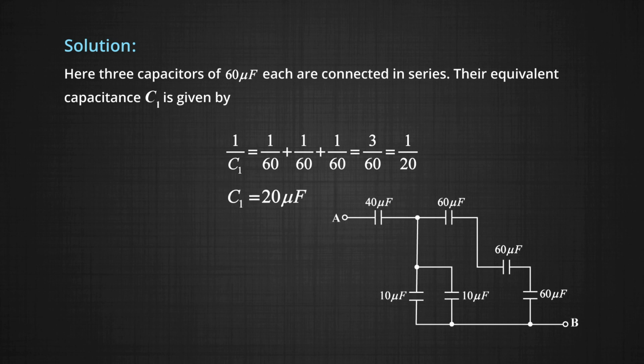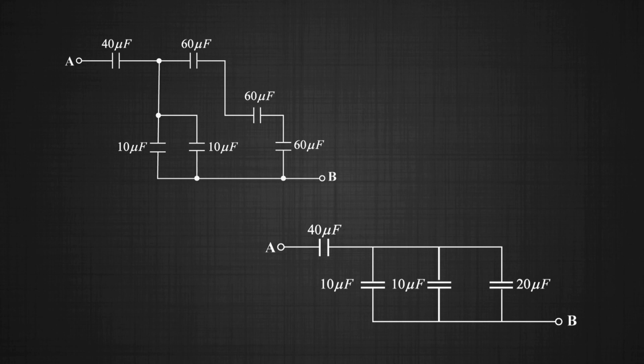That is, C1 will be 20 microfarad. The given arrangement now reduces to the equivalent circuit as shown in the diagram. The diagram shows the 3 capacitors of 60 microfarad each connected in series. So, those 60 each are replaced by their equivalent capacitance of 20 microfarad.